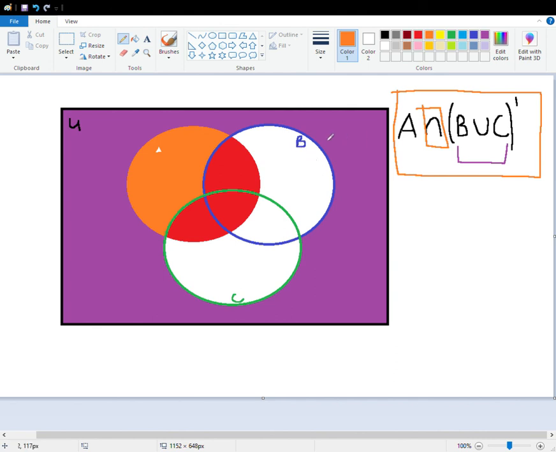Other than that, this problem is relatively straightforward. Just make sure that these symbols are covered and students know what you're talking about.